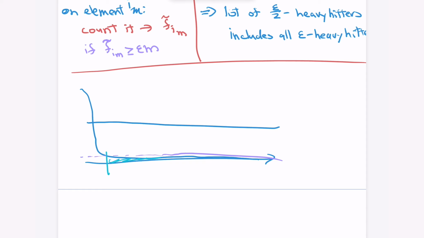And what the homework will ask is to get the same guarantees we just did, except instead of an epsilon fraction of m, it'll be an epsilon fraction of this tail. There are some hints, but you'll do some refined analysis based on what we did, and you can get some error proportional to this part instead of the whole thing.